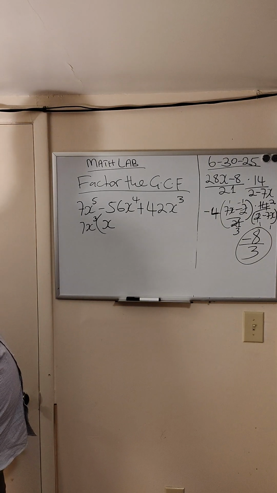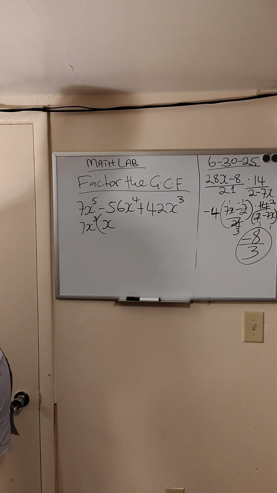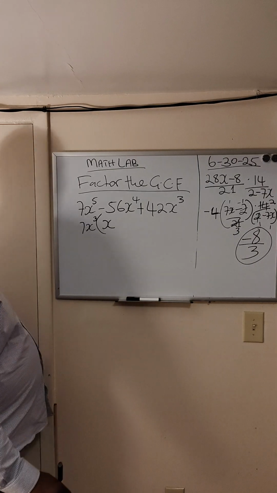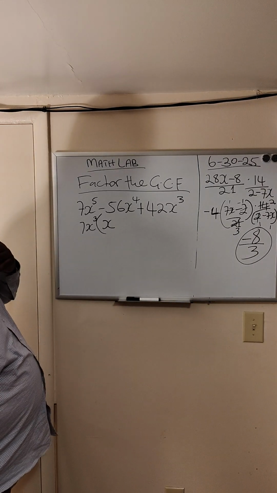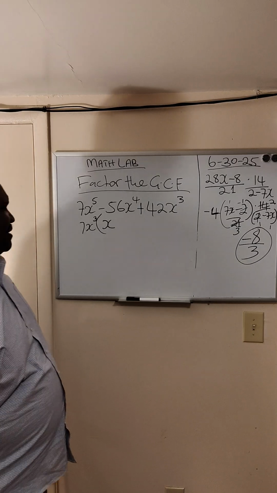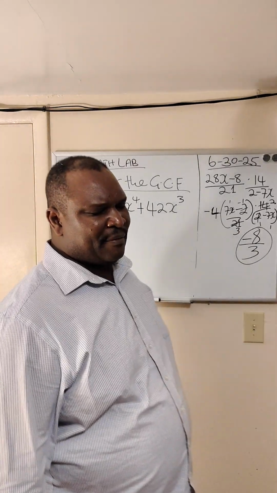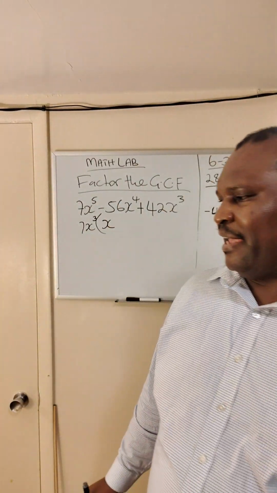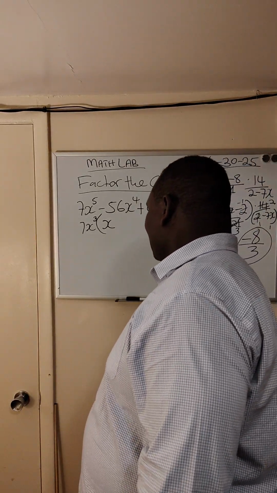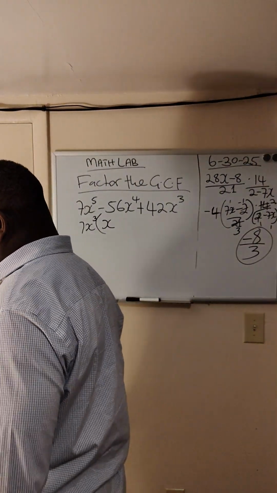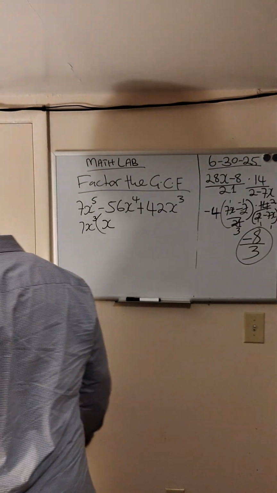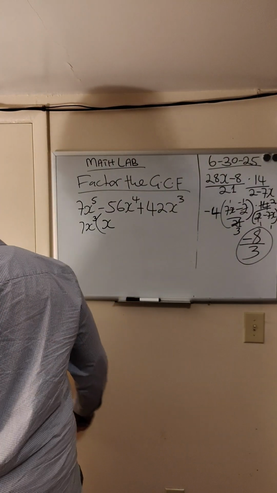Then we are going to look for a number which, if you multiply by 7, would give us 56. And that sounds like 8. 8 times 7 will give us 56.